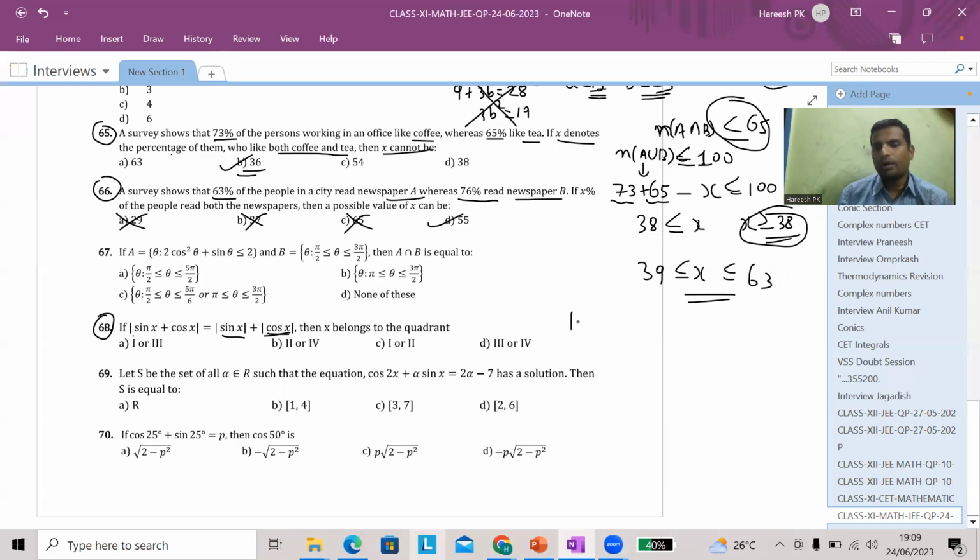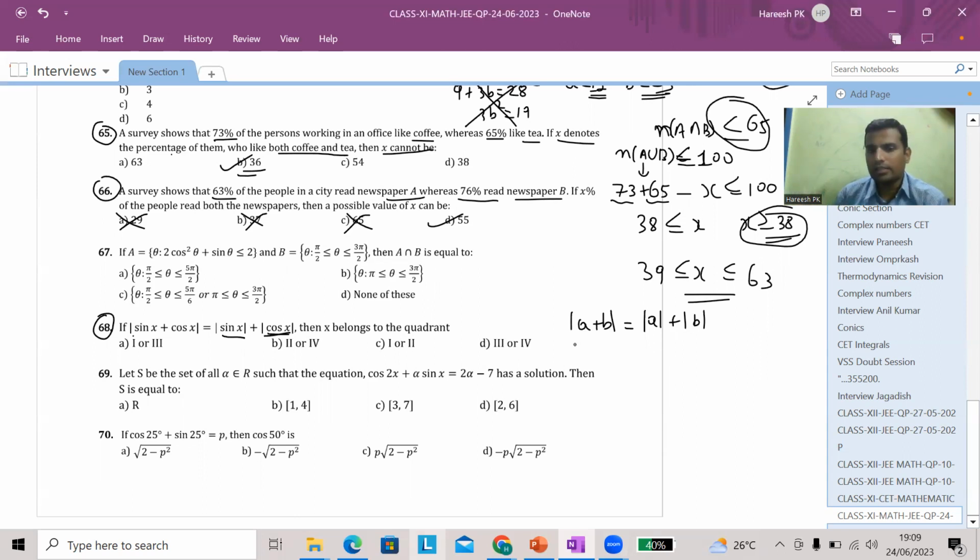We all know that modulus means even if it is a negative value, the final mod of a negative value is a positive value. So when will mod of a plus b be equal to mod a plus mod b? This can happen only in two cases. If both a and b are positive or both a and b are negative.